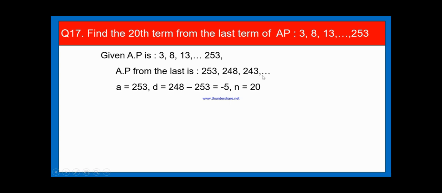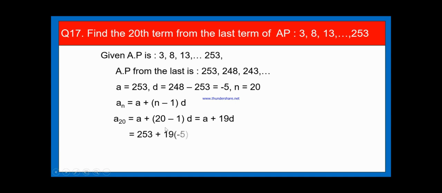Now, from the backside, we have to find the nth term, or 20th term. n is equal to 20. What is the formula? an is given by a plus n minus 1 into d. In this, substitute a is equal to 253, n is equal to 20, and d is equal to minus 5. a20 means 253 plus 20 minus 1 is 19 into d. d means common difference is minus 5.